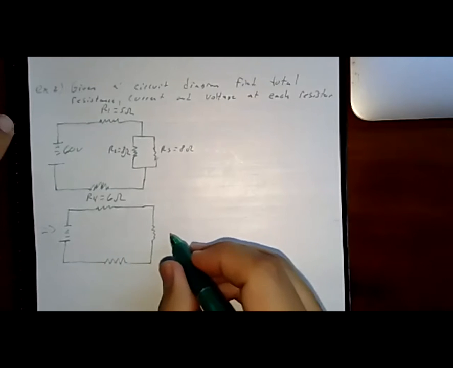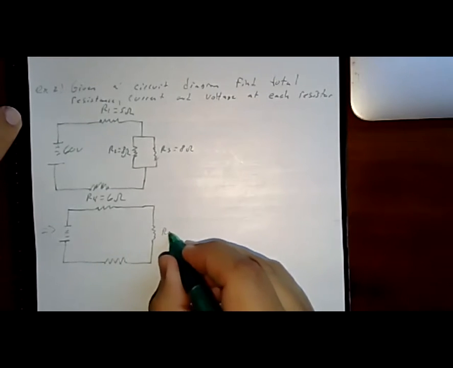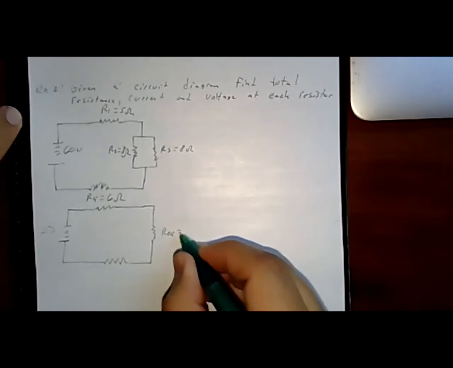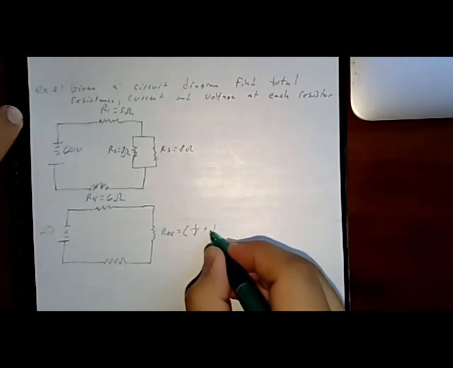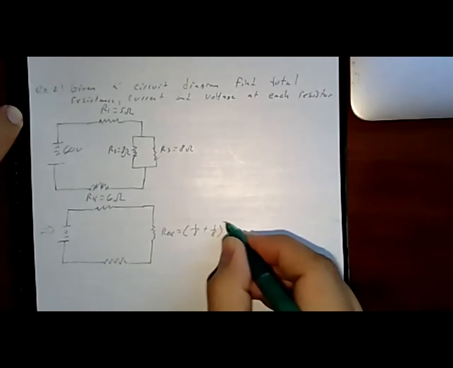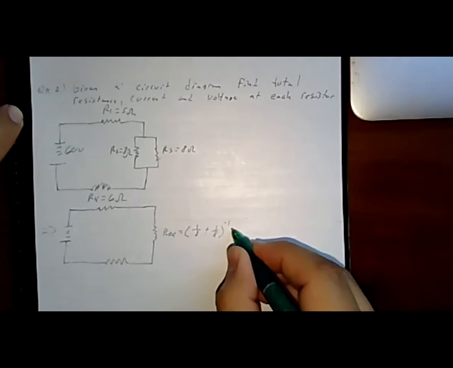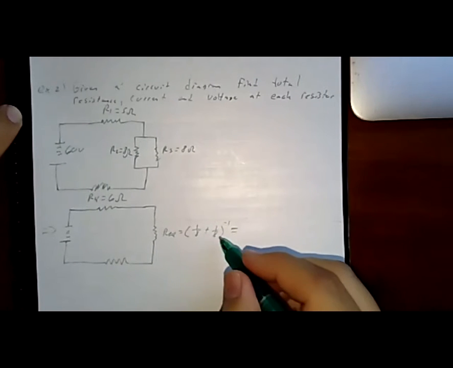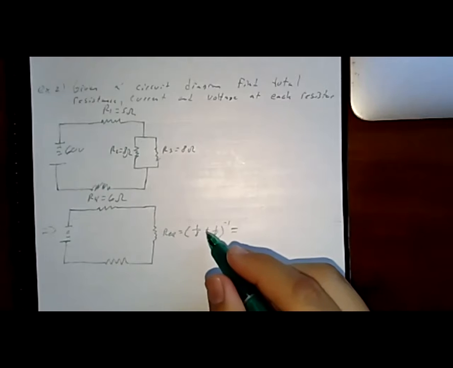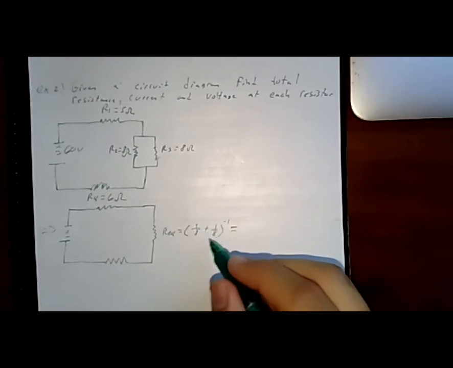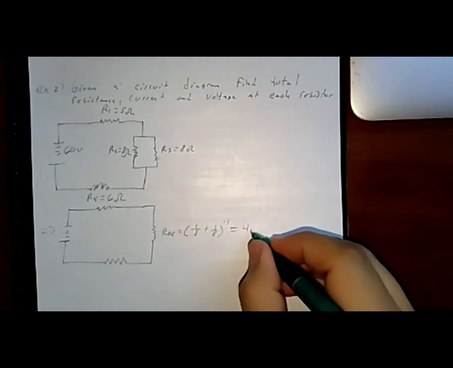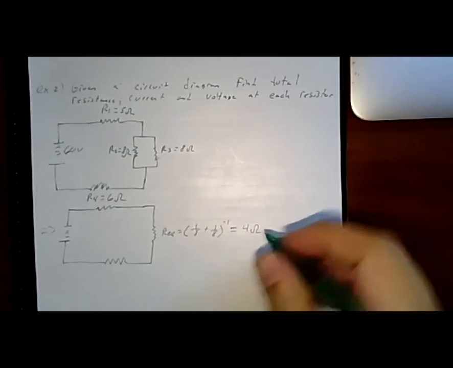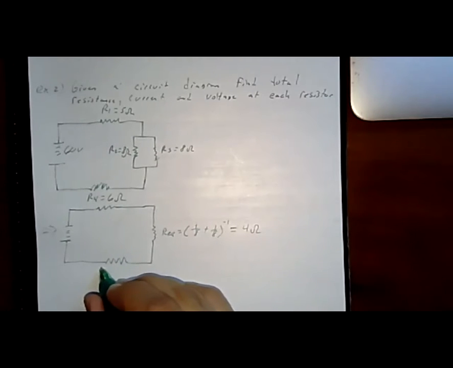Okay, so this guy will be an equivalent resistor, which will be (1/8 plus 1/8) to the negative 1, which is 2/8, which is 1/4. The reciprocal of a fourth is 4 ohms. Okay, and this one is still 6 ohms.